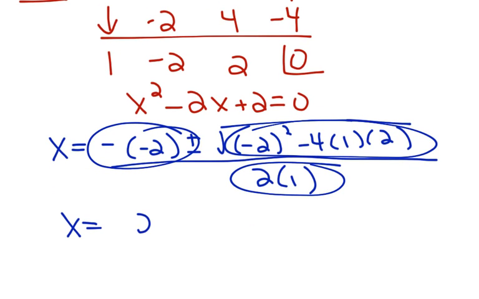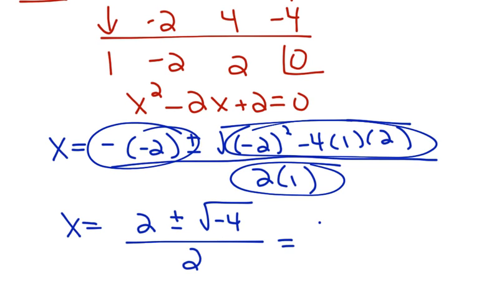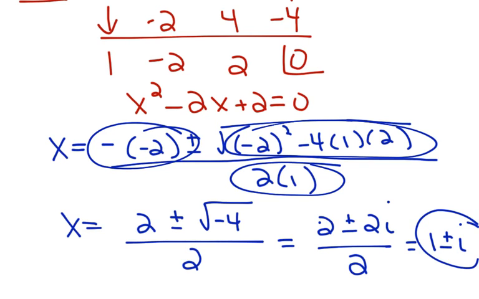So x is equal to 2 plus or minus the square root of 4 minus 8, which is negative 4, over 2. So this is 2 plus or minus 2i over 2, which simplifies to 1 plus or minus i. So my three solutions are negative 2, 1 plus i, and 1 minus i.